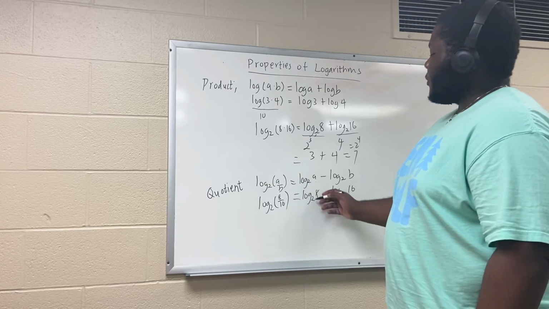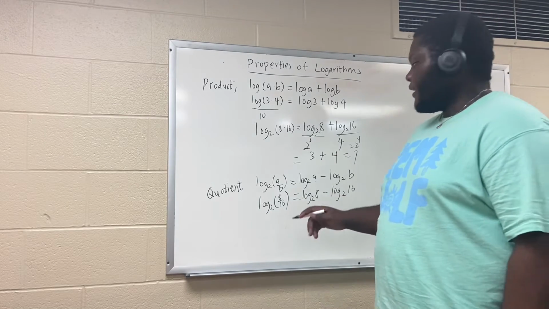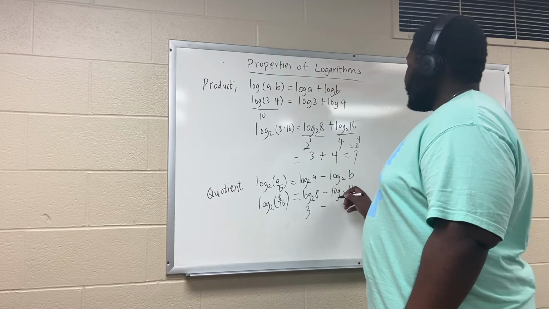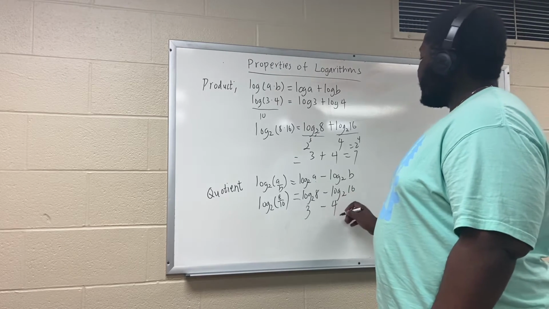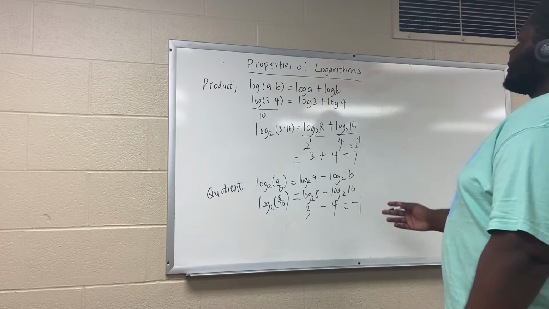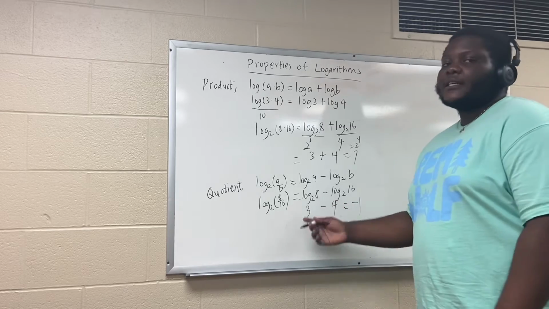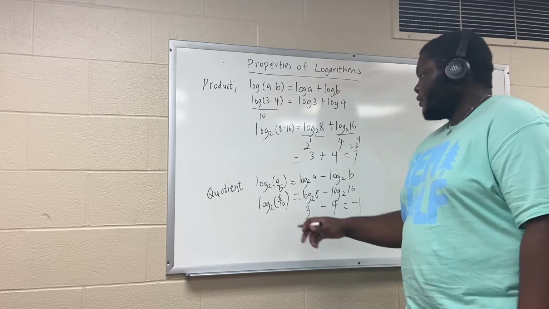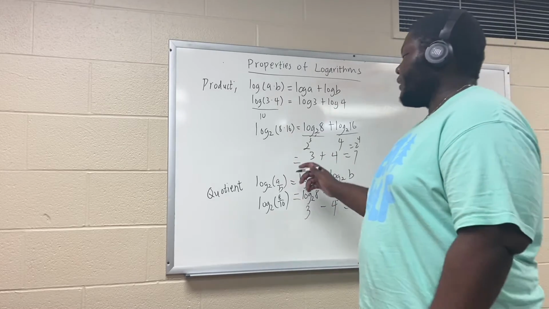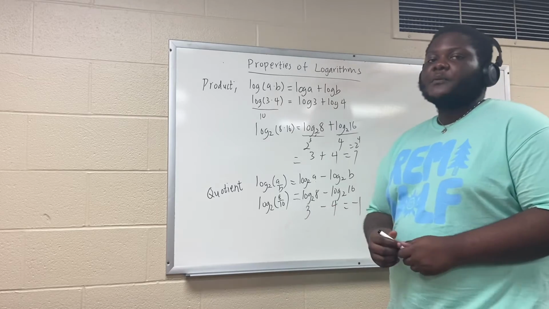Similarly, we know that we have to raise 2 to the power 3 in order to get 8. So this should be 3 minus 4, which gives us -1. So using the property, we're able to simplify the log and then solve for the value of log base 2 of A over B.